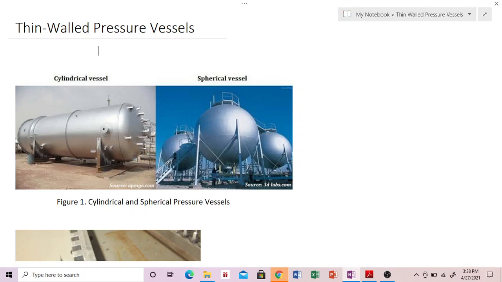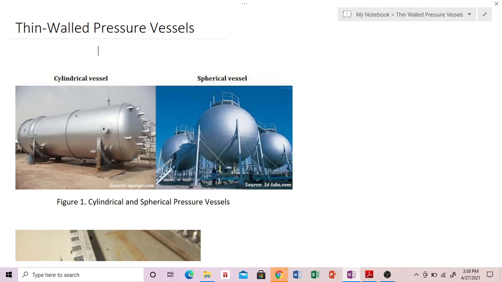Okay, ano nga ba yung thin-walled pressure vessels? Pressure vessels, class, are cylindrical tanks or containers carrying a fluid under a pressure P, the internal pressure. The container contains a fluid, either a liquid or a gas, which is pressurized.